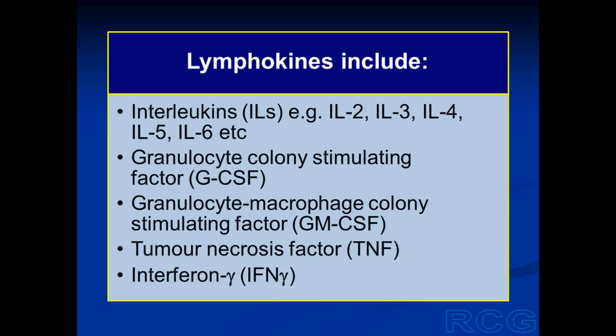Another protein, granulocyte macrophage colony stimulating factor or GM-CSF, is released from the helper T cell. A protein known as tumor necrosis factor or TNF is released from the cell, and interferon gamma is also released from the helper T cell. So a number of lymphokines or cytokines are released from the helper T cell.